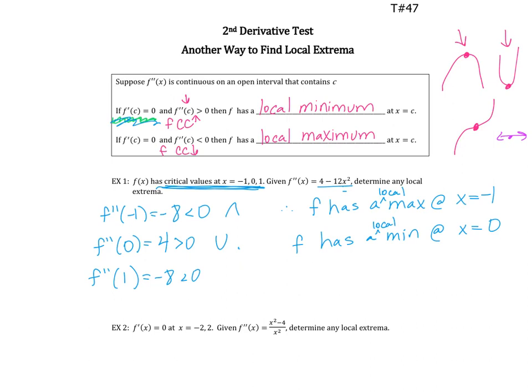So I will just add a plus and minus right here, because f is going to have maxes at 1 and -1, and a minimum at 0. So this is the type of question that makes you use the second derivative test, because there's no way to do the first derivative test.